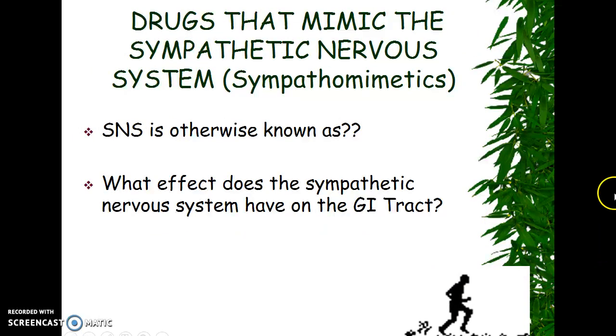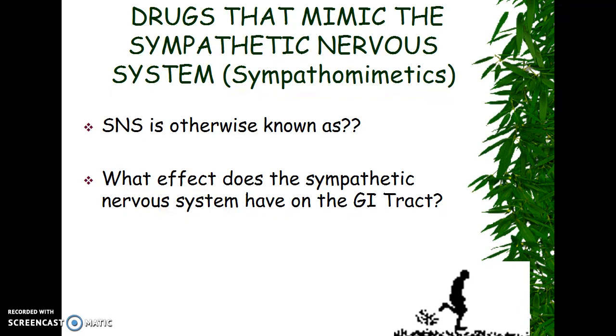The sympathetic nervous system, hopefully I'm giving you a little hint with this little guy down here, is the fight or flight system, right? When we're running away or going to fight something, we don't need that blood flow to go to our GI tract. So all of the things I talked about that were stimulated in the parasympathetic nervous system as far as the GI tract goes, we're going to stop that.